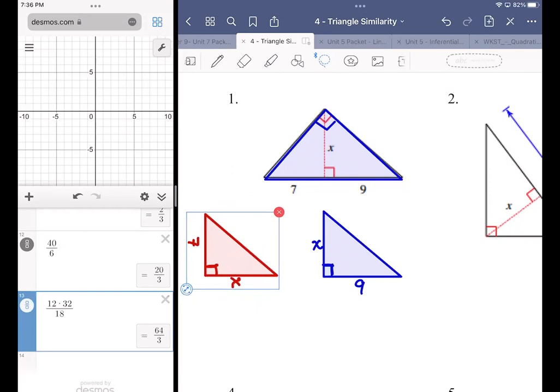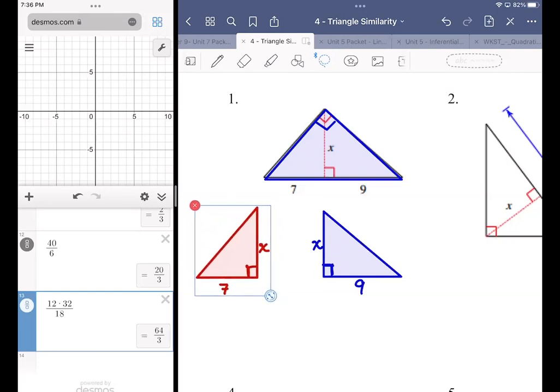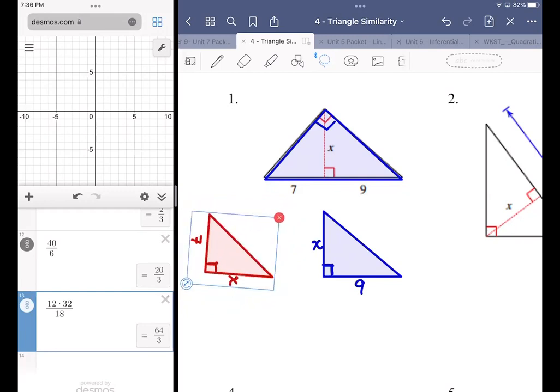What it gives me are two triangles that, no pun intended, look similar to one another. That's the idea, that they would be in proportion. If you change the orientation, this one's facing the wrong way. If I go that way, or if I go that way, no help, I go right back to where I started.